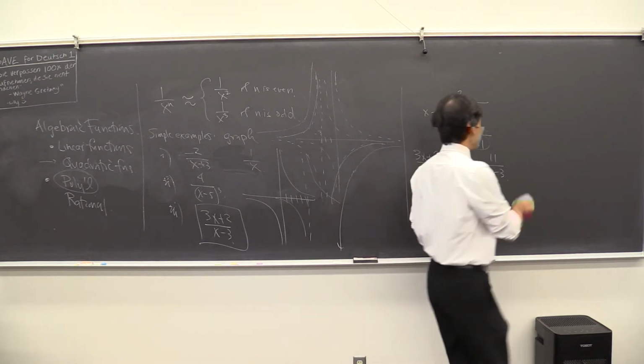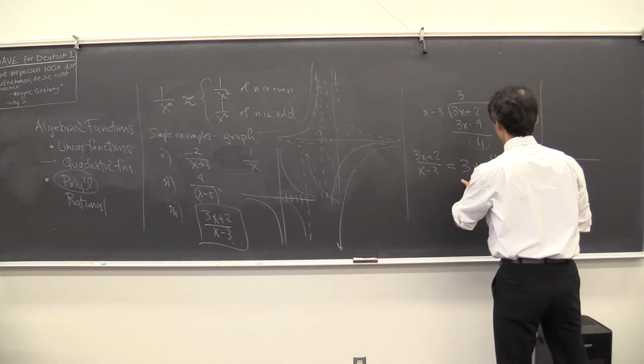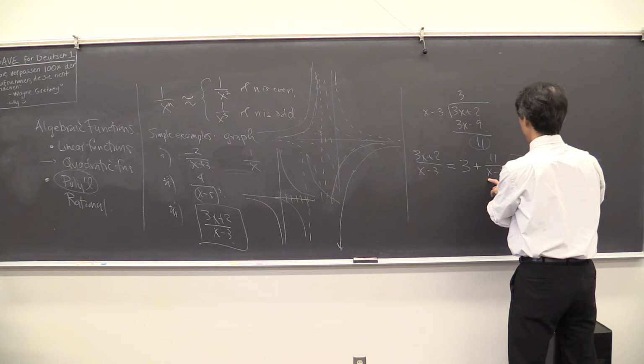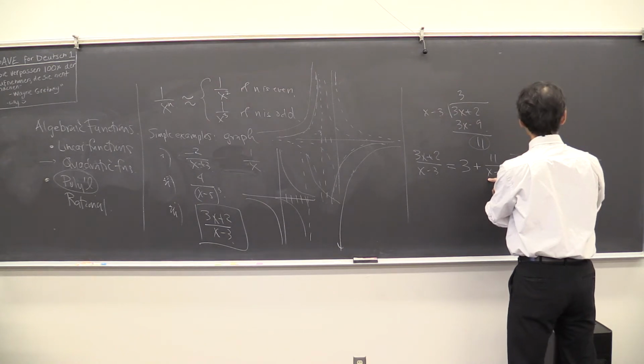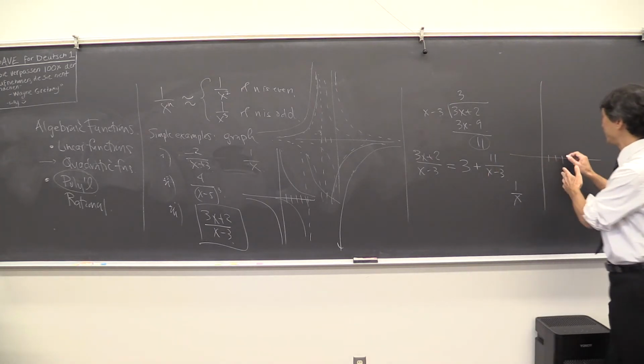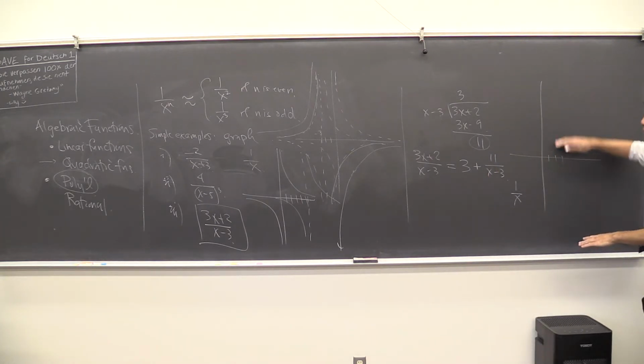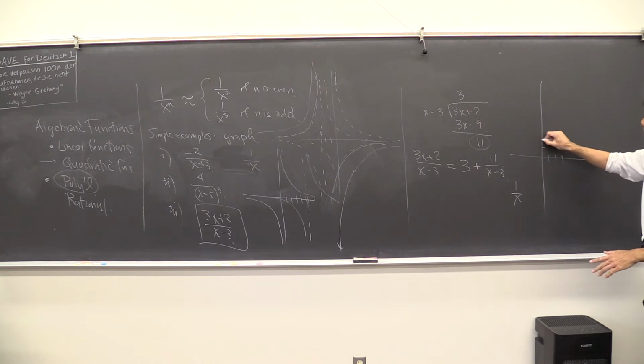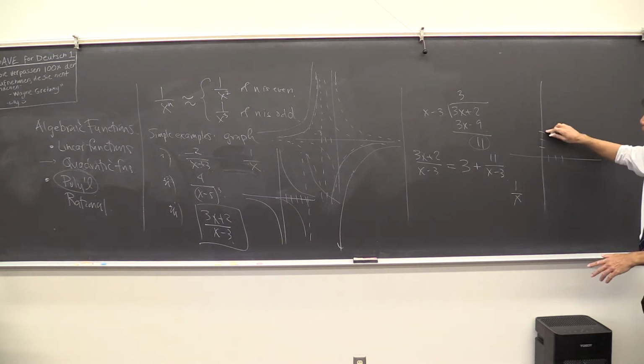And so, what does that look like? Everything is shifted to the right. So it looks like 1 over x shifted to the right, multiplied by 11, and then shifted up by 3. So it gets shifted up by 3, 1, 2, 3.